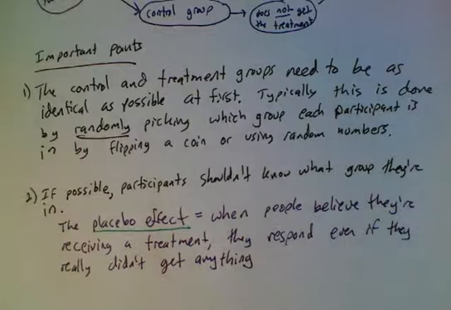And so to try to minimize this, experiments try to make the two groups' experiences as identical as possible. So we talked about fake pills, if it's a medicine. If it's something like testing the effect of counseling, then one group will get the particular type of counseling that they're experimenting with, but the other person is going to have someone come in and spend time with them too.